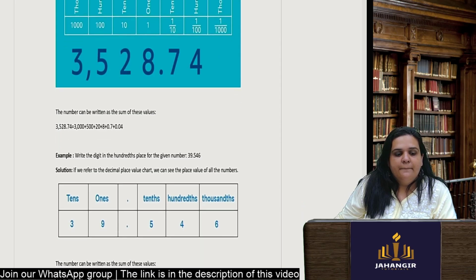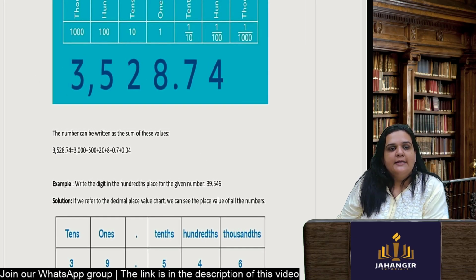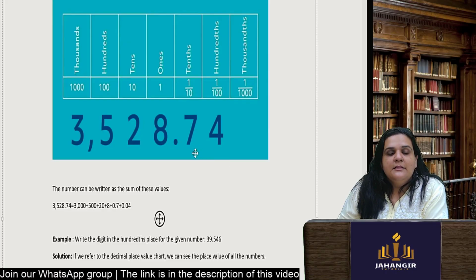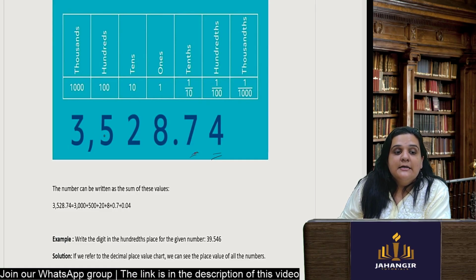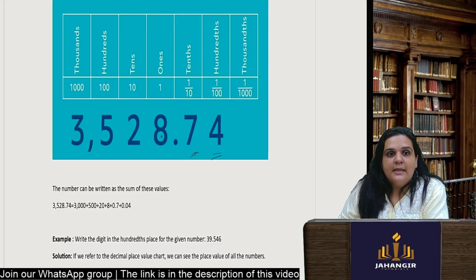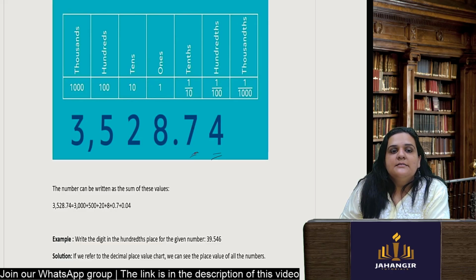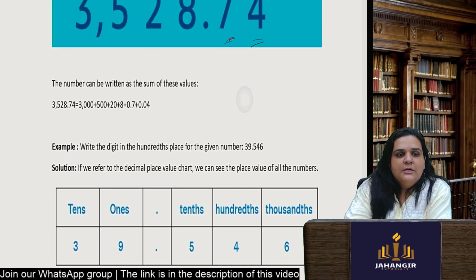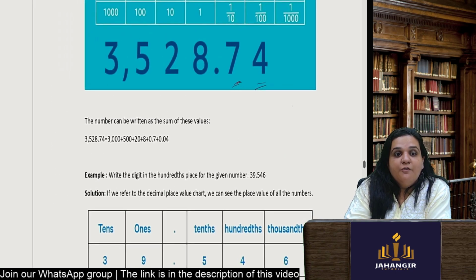See this. If I am writing this number in the form of a decimal, 7 tenths, 4 hundredths, 8 ones, 2 tens, 5 hundreds, 3 thousands: 3528.74. This is how we pronounce the decimal numbers. This number can be written in the following values.